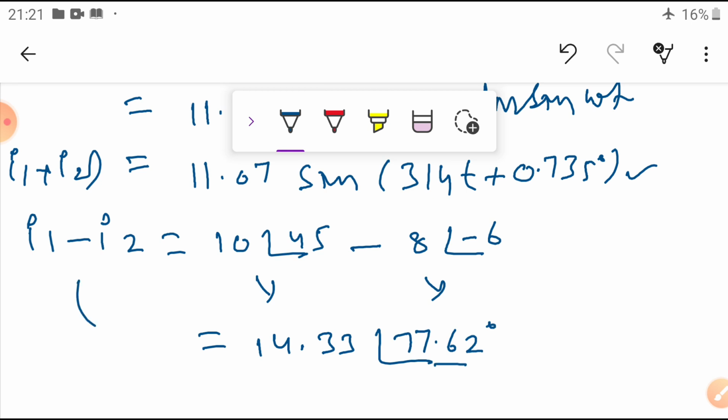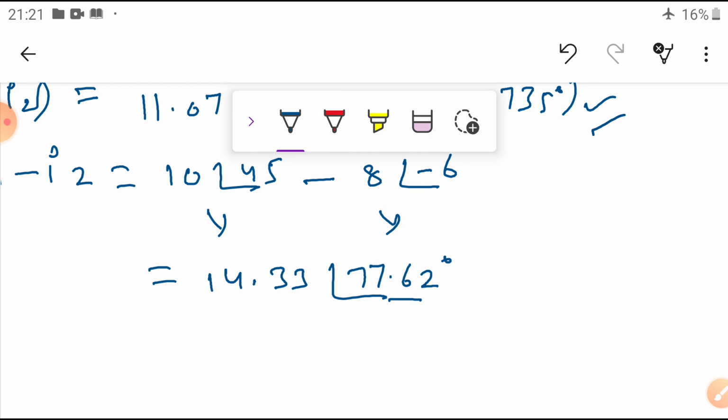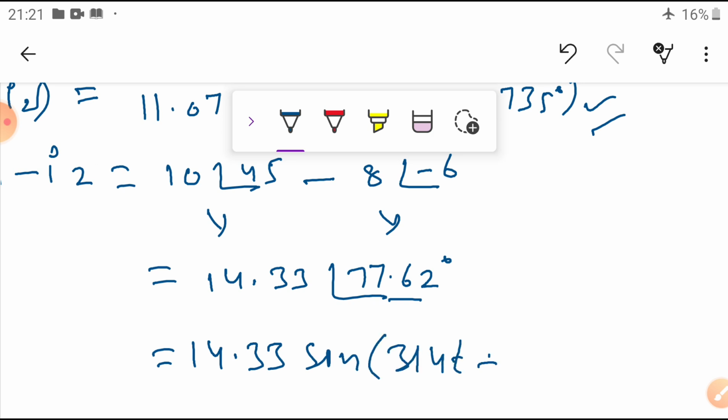If you want to write it in a similar way, 14.33 sine 314 t plus 77.62 degrees. This is I1 minus I2.